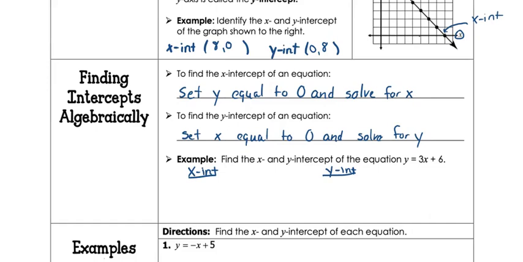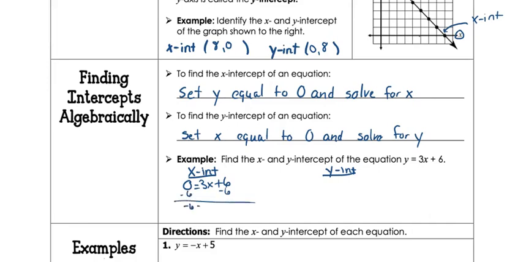So let's just look at this equation here. I have y equals 3x plus 6. I want to know the x-intercept, which means I want to keep x, and I'm going to put 0 in for y. So I'm going to rewrite that. So that'd be 0 equals 3x plus 6. Oh, that's a two-step equation. Subtract 6 from both sides.